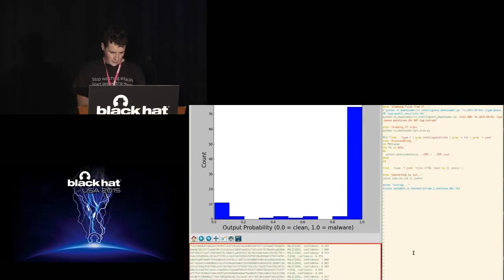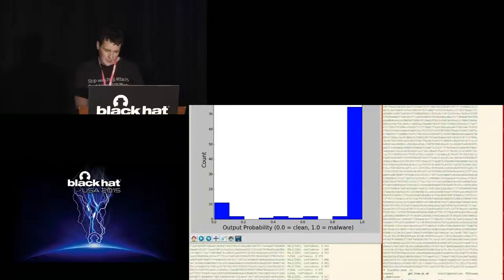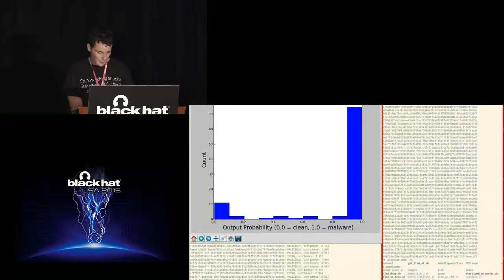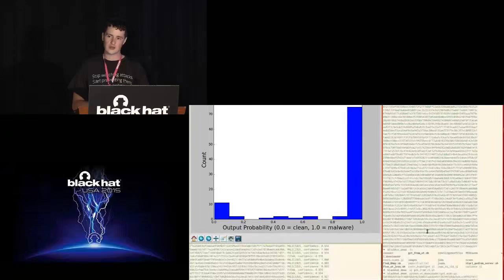So let's now run a scan program to see how well industry did. I got to grab these scans first. This will take a moment. What I'm going to do now is see how well industry did with all of these samples, right?